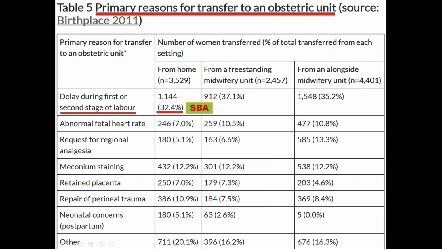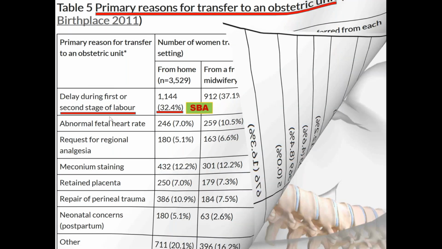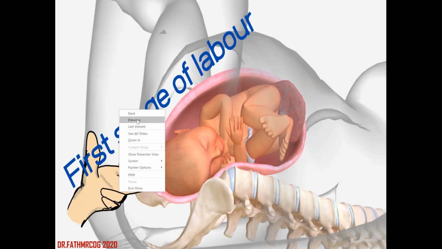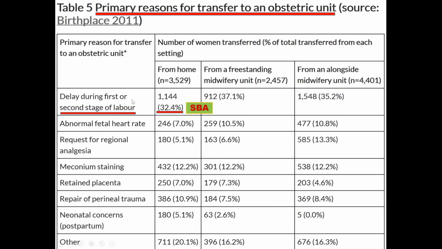Okay, table 5. This is also a recall question. Here is the primary reason for transfer to the obstetric units, for the four settings: home, freestanding, and alongside midwifery.